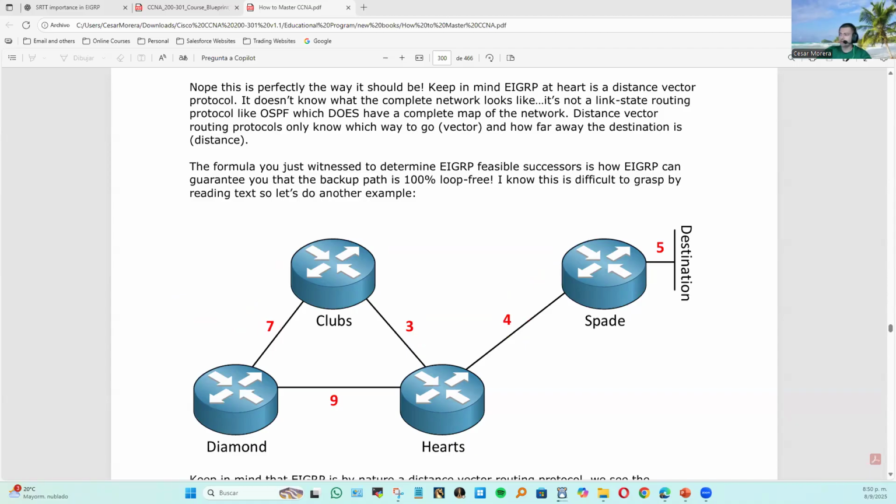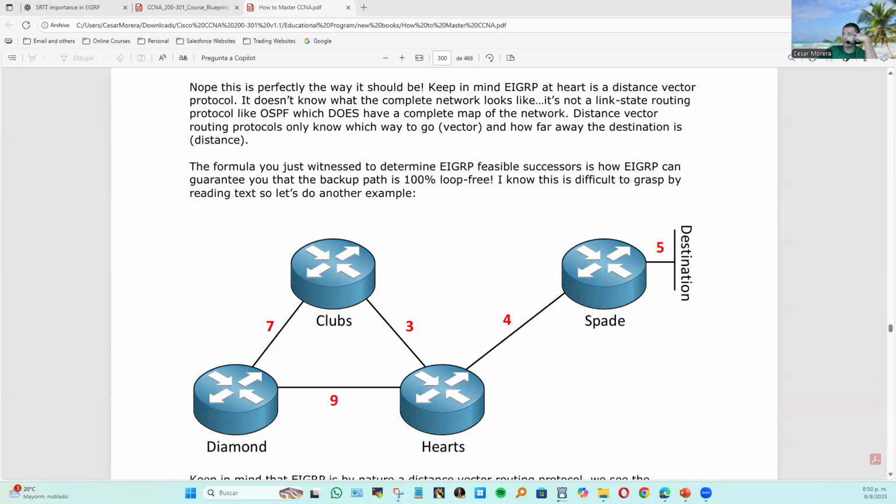25. Why is it 25? It's 19 plus 18. 5 plus 4 plus 9 plus 7.